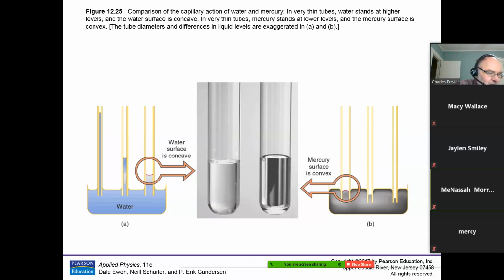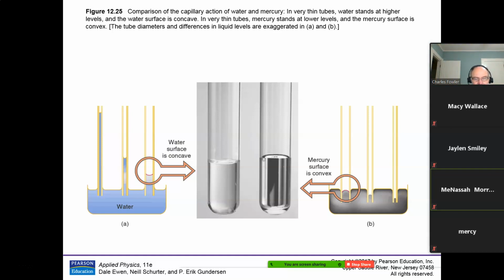The figure they show in the book, and if we were in class we could do this. If you very carefully drop a needle into a little container of water, then the needle will float if you drop it in horizontally. Now you know that steel is denser than water.